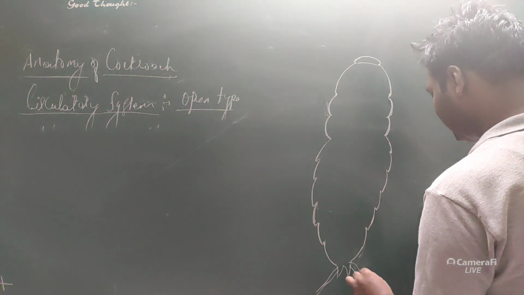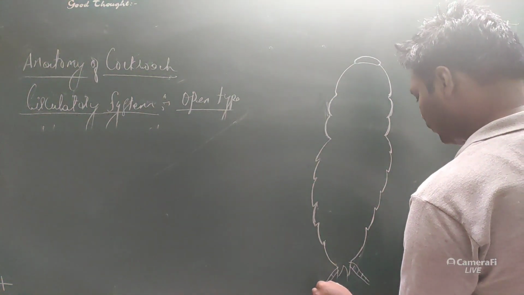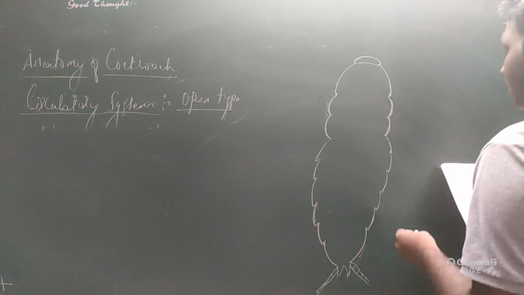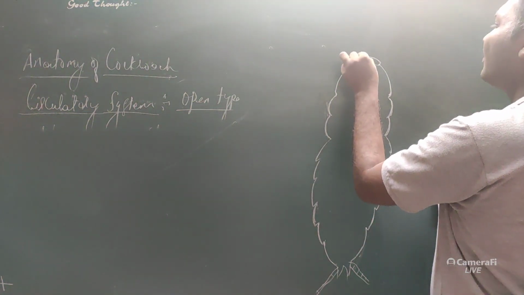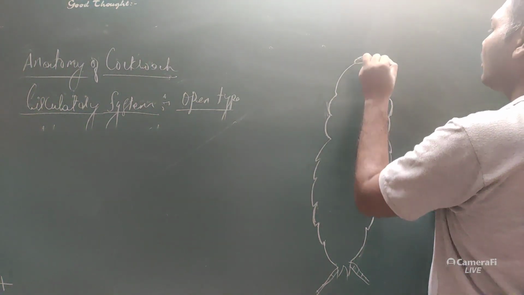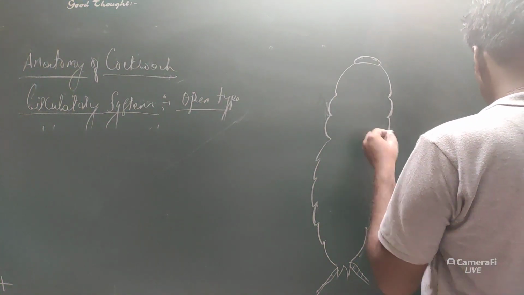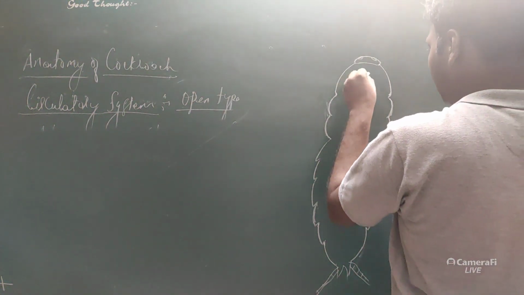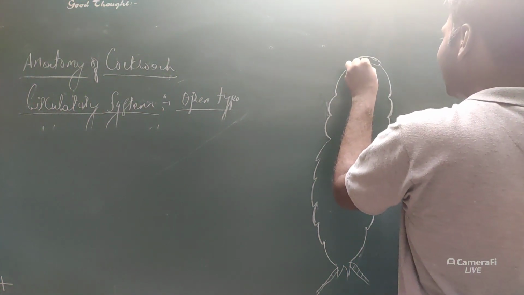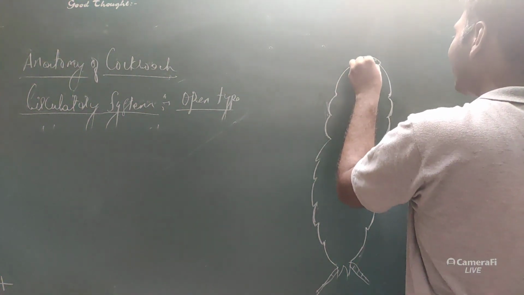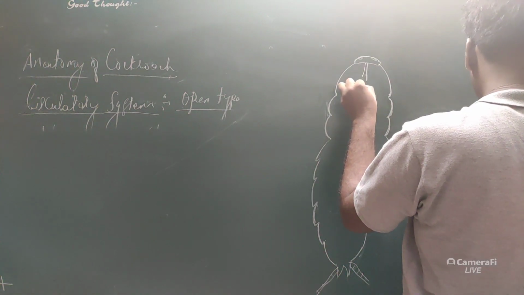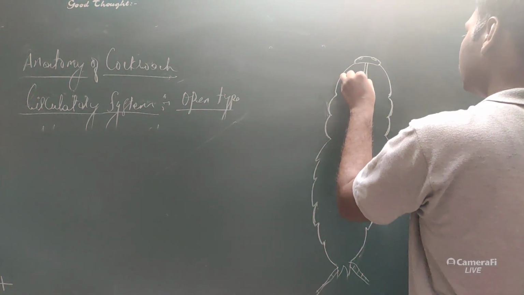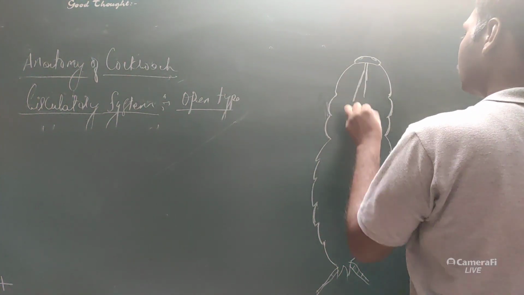These are the anal styles again. Okay, and now if you look at the structure, anteriorly it consists of a tubular structure, the aorta.